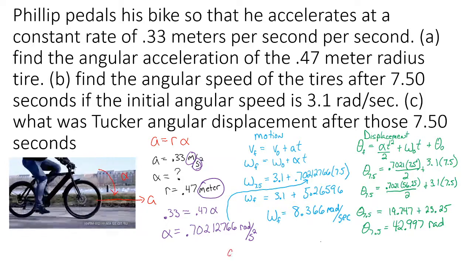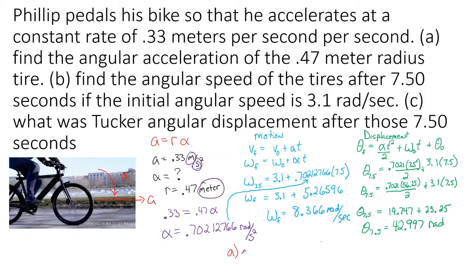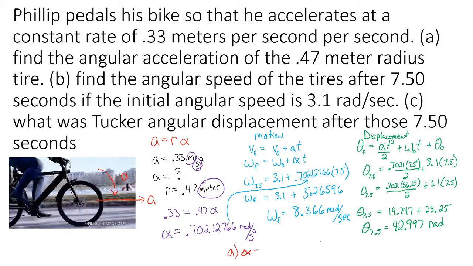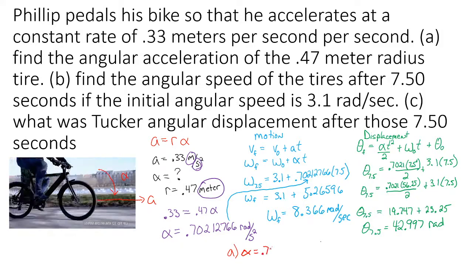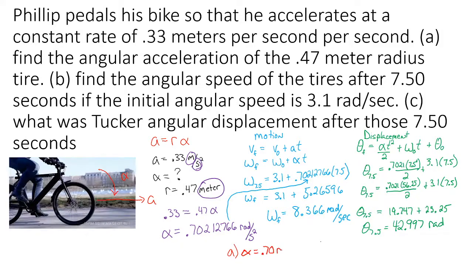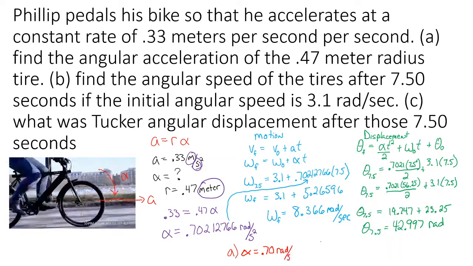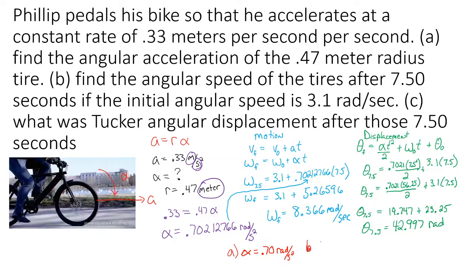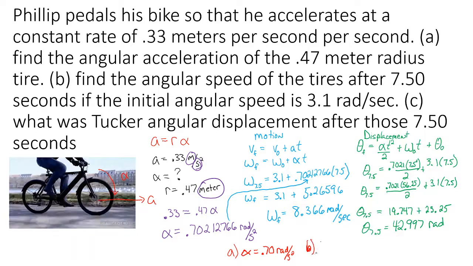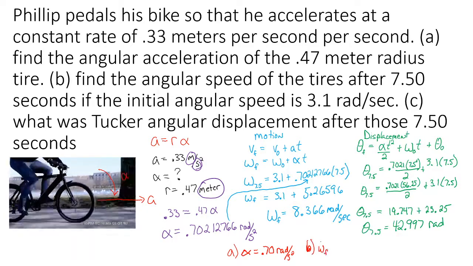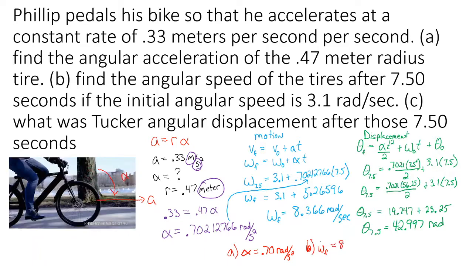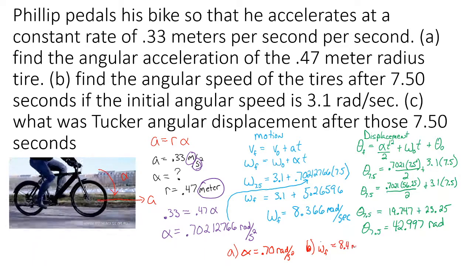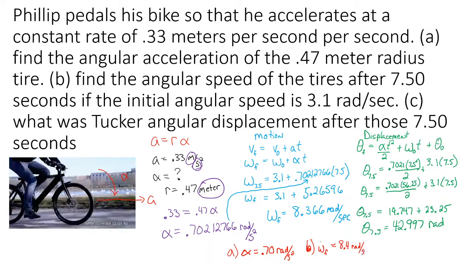So my answer to question A is that the angular acceleration equals 0.70 radians per second squared. After 7.5 seconds, my answer to question B is that the final angular speed is equal to 8.4 radians per second.